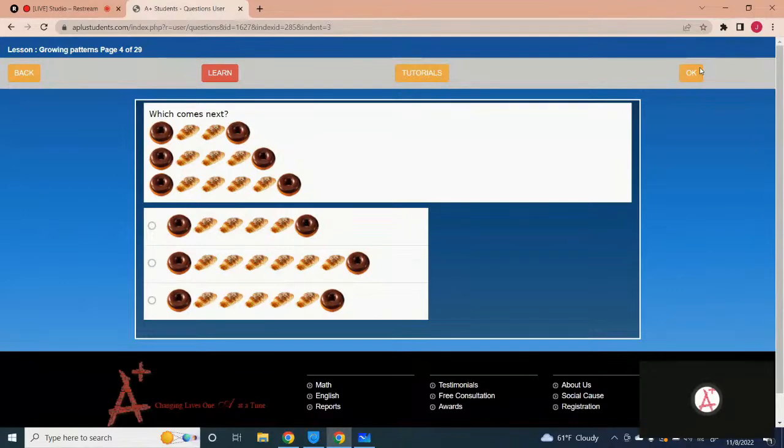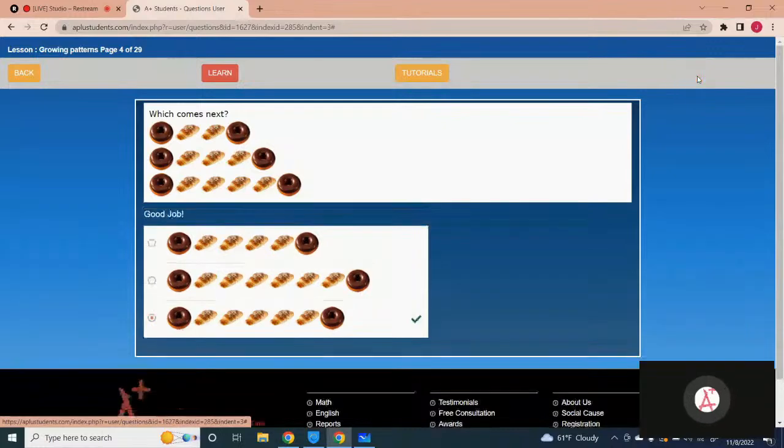So which option is the correct one? Option number three is the correct one. Got it? Because you have five of the buns in between. Just look at the figures carefully.